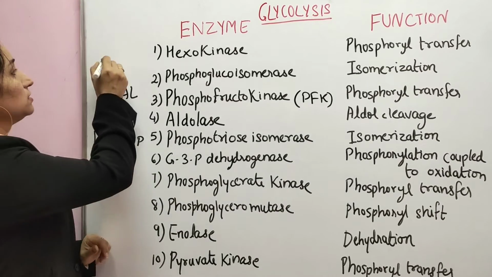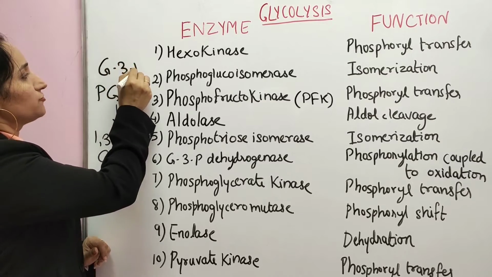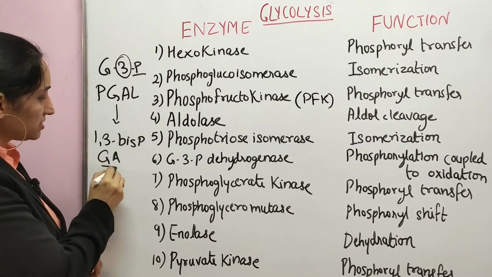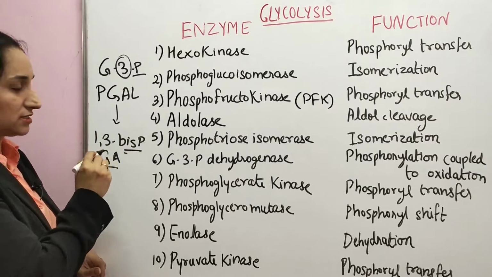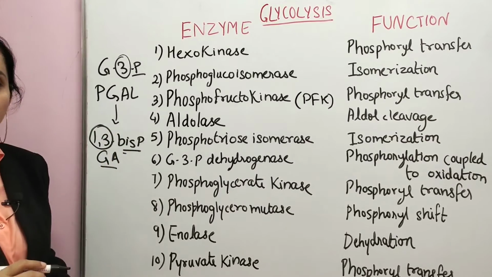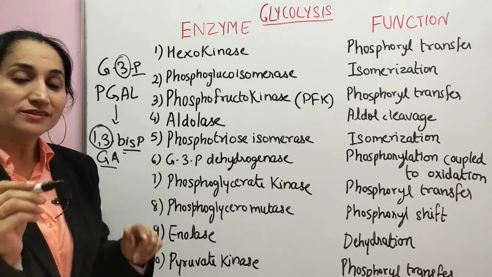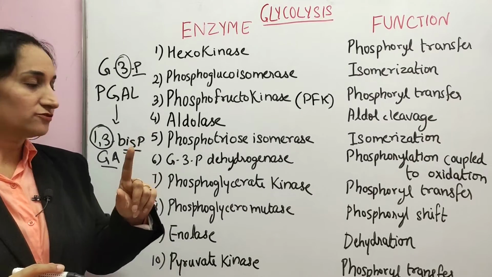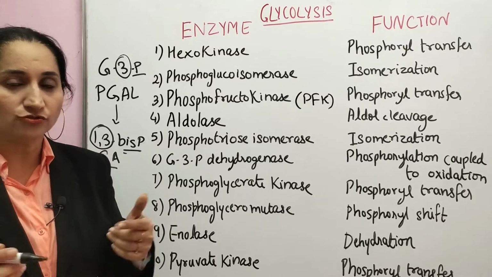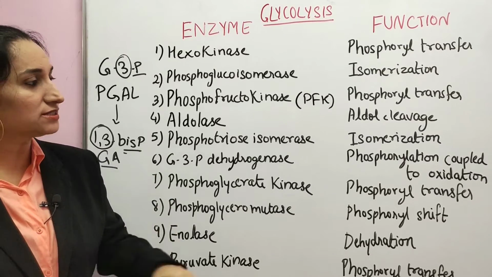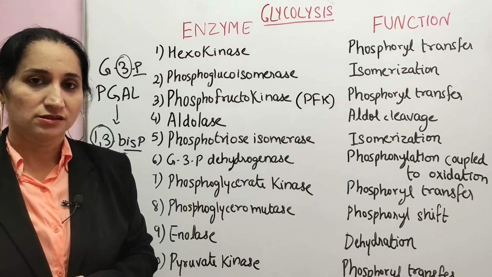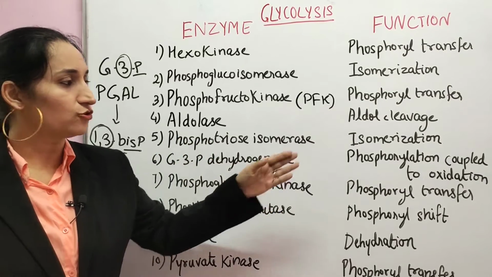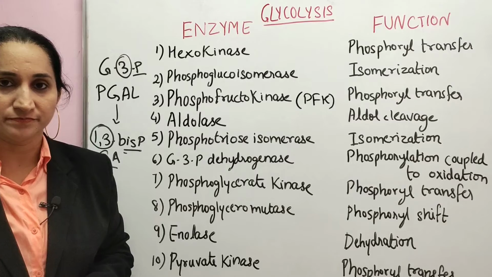This was glyceraldehyde 3-phosphate, means one phosphate was present at the third position. In this, we have two phosphates present at the first and third positions. So, in this reaction, a dual function is being done. The first is phosphorylation, means addition of a phosphate molecule, and the second is oxidation.